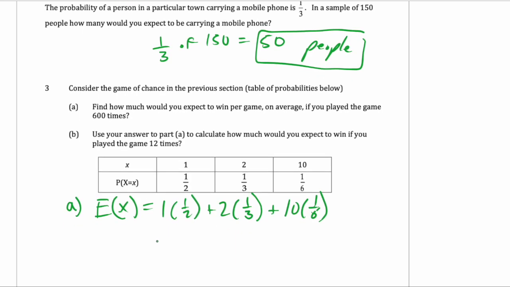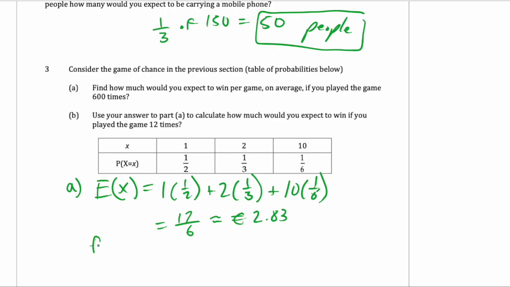If you work that out, you get 17 over 6, which equals about 2.83. So for 600 times, we do 600 times 17 over 6, which is actually 1700.